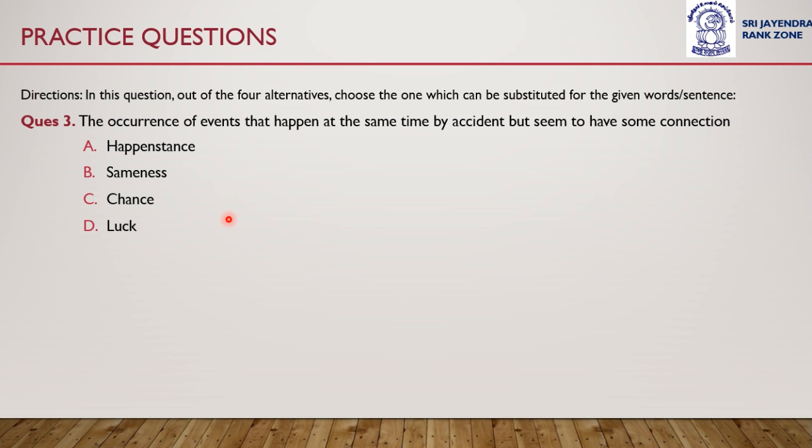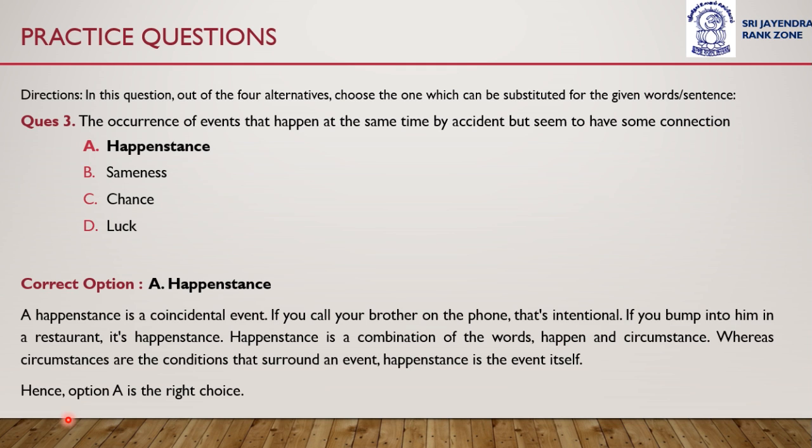What would be our answer? The occurrence of events that happen at the same time by accident but seem to have some connection. The answer would be happenstance. Option A, happenstance is a coincidental event.